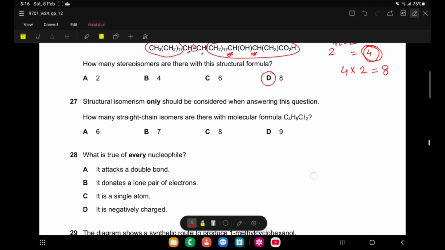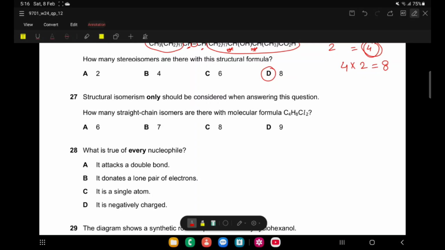Question number 27. Structural isomers only should be considered when answering this question. We are only thinking about structural isomers. How many straight chain isomers are there with molecular formula C4H8Cl2? Straight chain means all 4 carbons are in one chain.